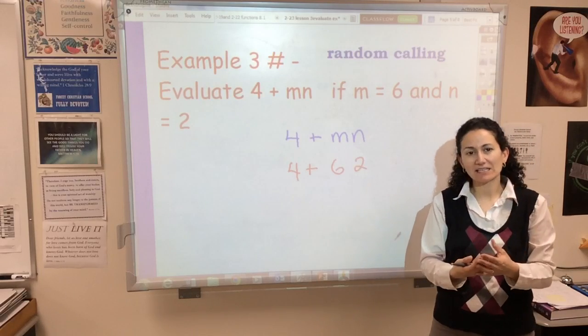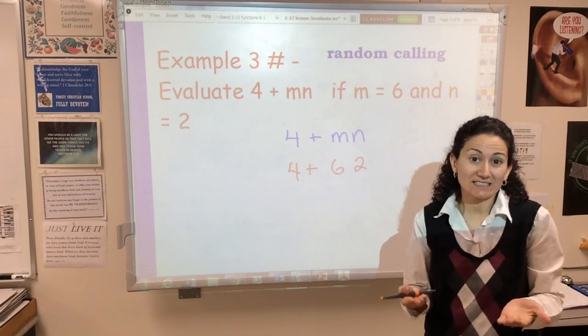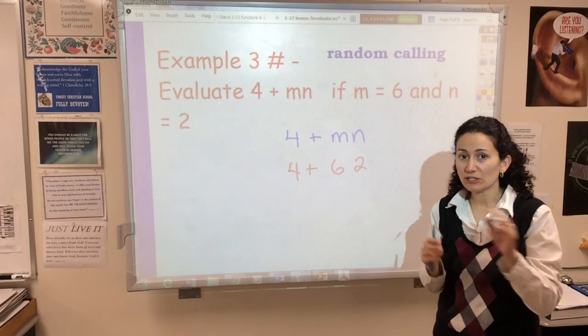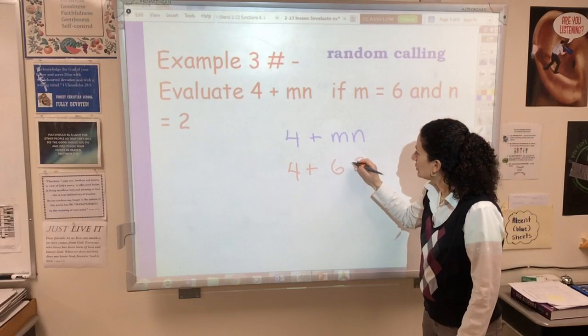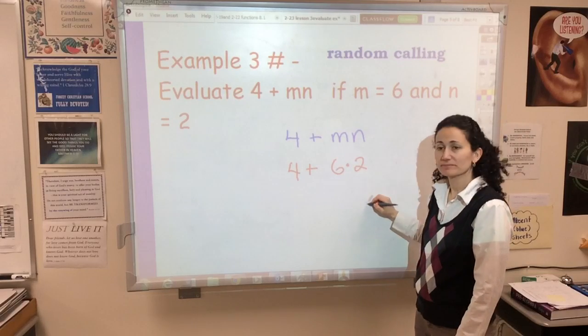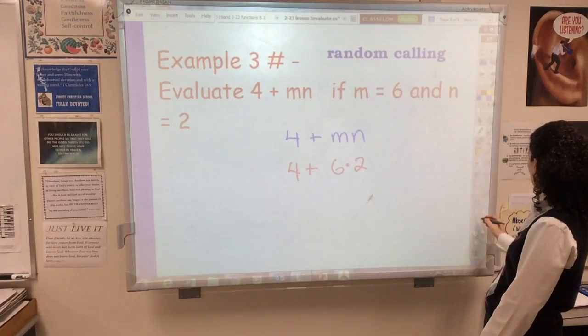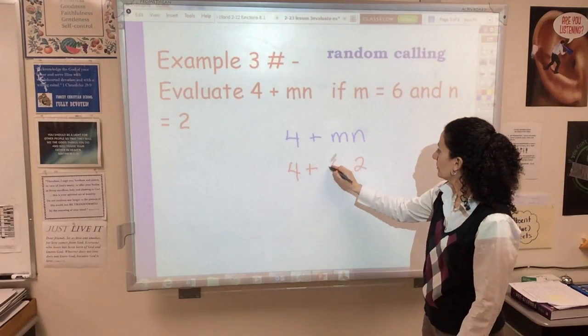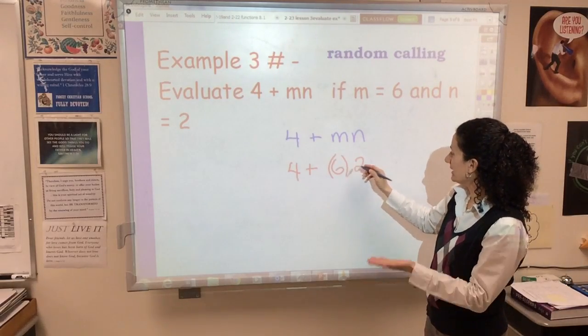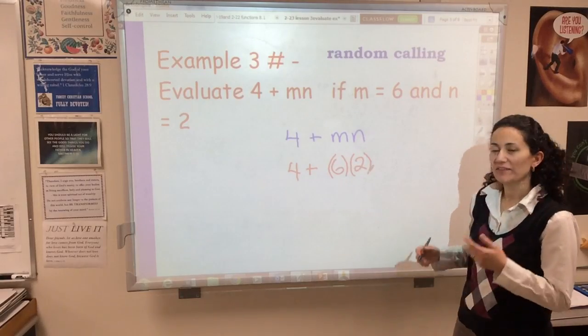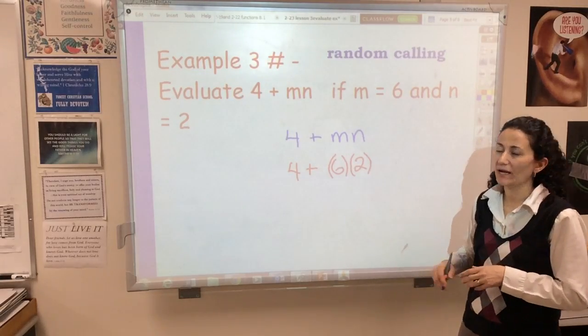We don't use x anymore in algebra because x is a variable. So let's not use x for multiplication. You can either use a dot right in the middle of the two numbers, that means multiply, we've seen that, or we could use parentheses around one or both of the numbers, and that also tells us to multiply.